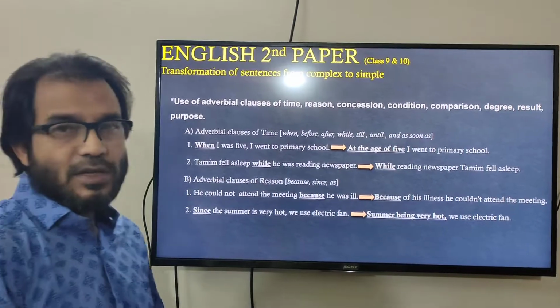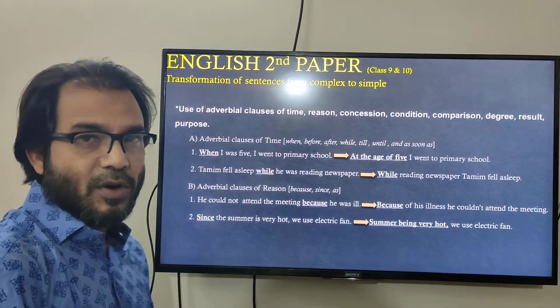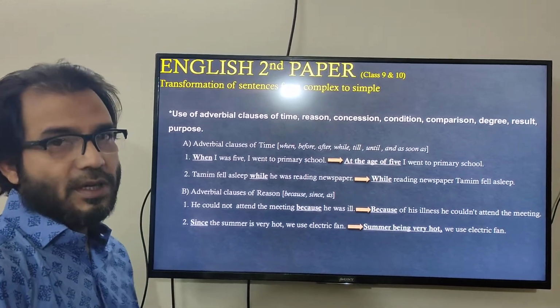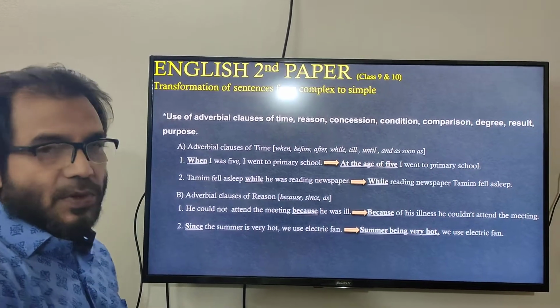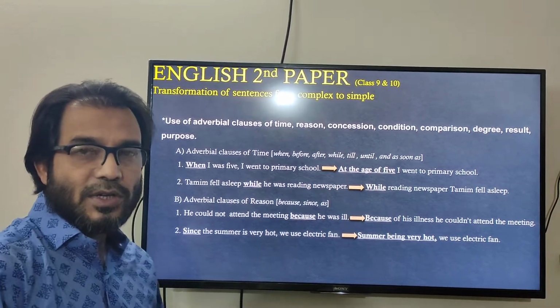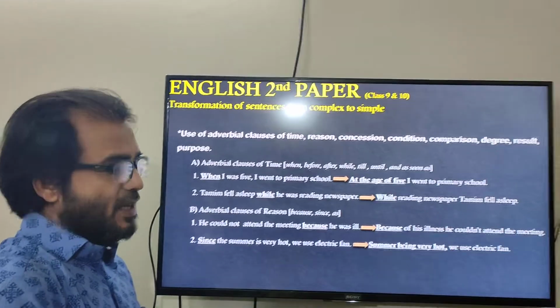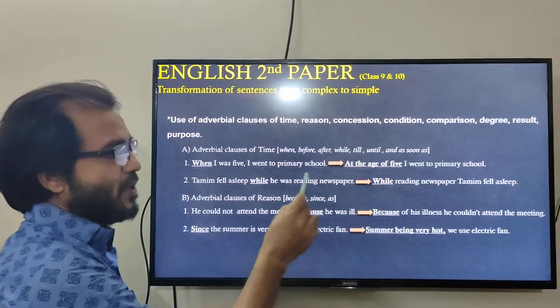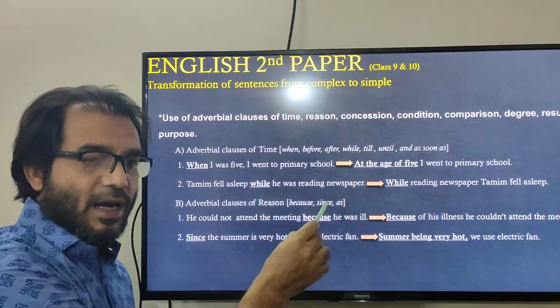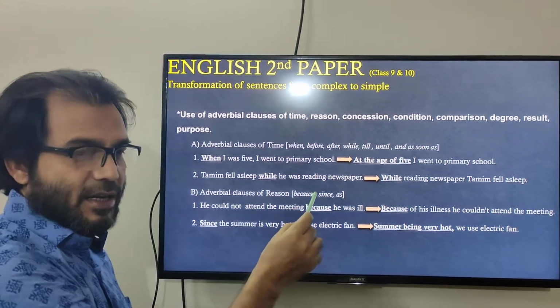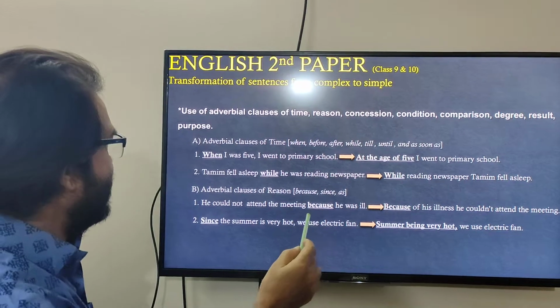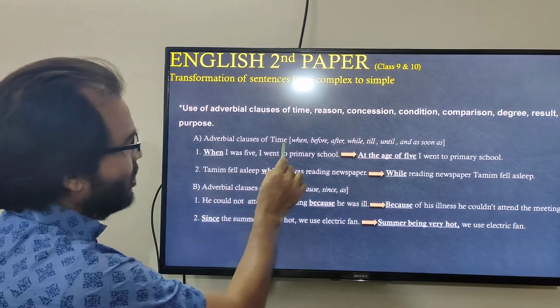An adverbial clause is used as a subordinate clause with the principal clause. So the principal clause and the subordinate adverbial clause together make the sentence complex. After seeing the complex sentence, we will transform it into a simple one, and I will discuss the technique in detail. Let's see first the adverbial clause of time.